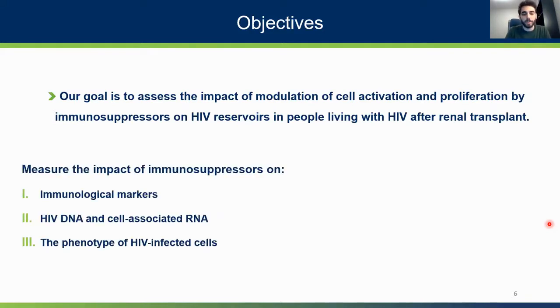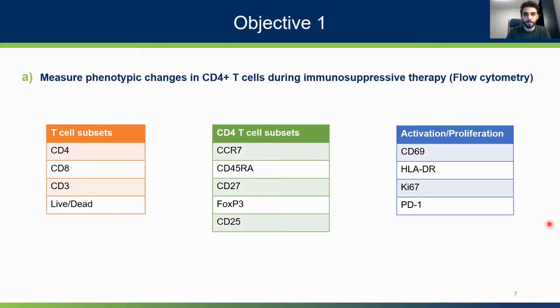And to show that, we measured the impact of immunosuppressors on the immunological markers, on HIV DNA and cell-associated RNA, as well as the phenotype of HIV-infected cells. So first, to see the impact of the immunosuppressors on the phenotype of the TCD4 cells, we came up with a panel to assess the specific changes on different CD4 T cell subsets, as well as the expression of activation and proliferation markers.